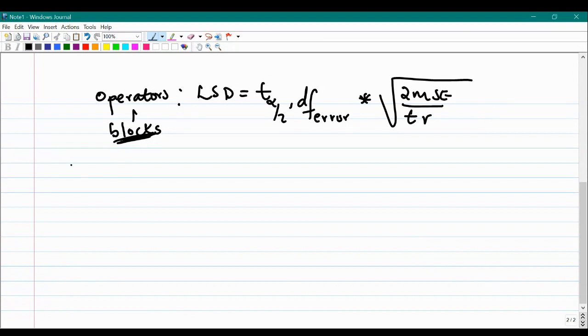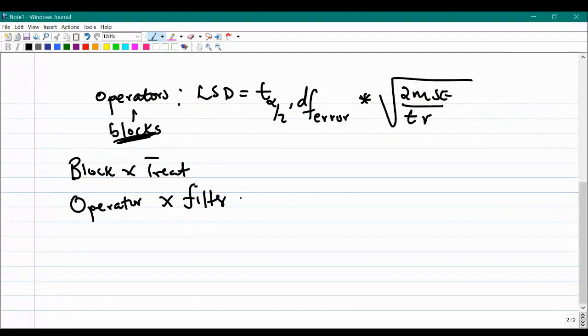The one that is very important now is block by treatment, which in your case is operator by filter.